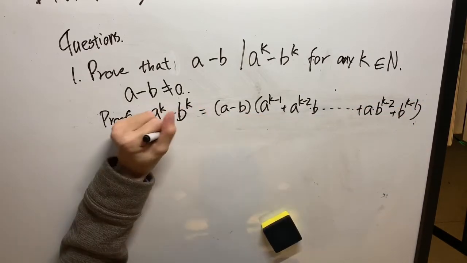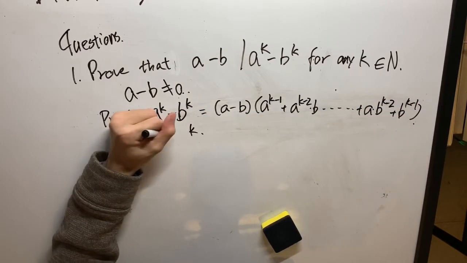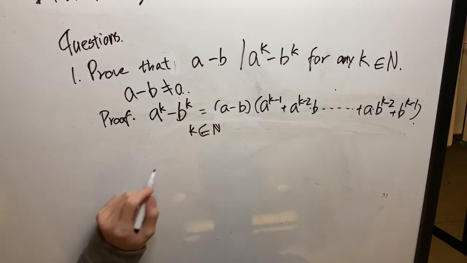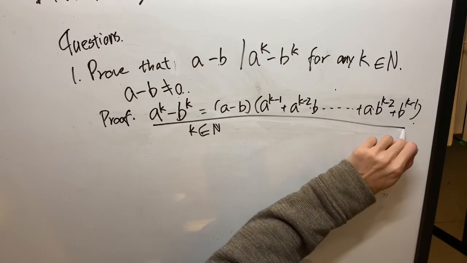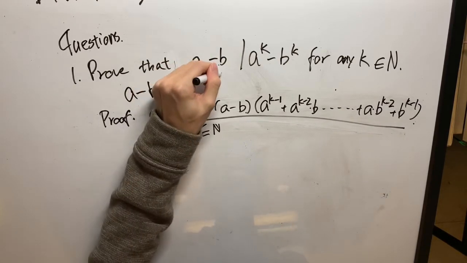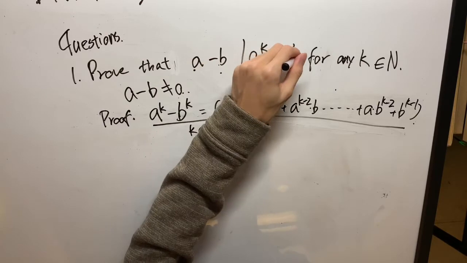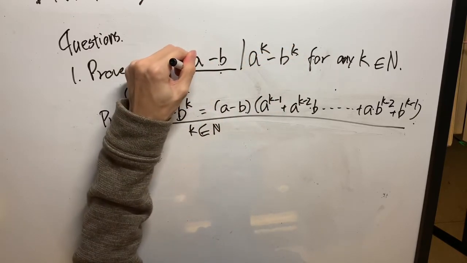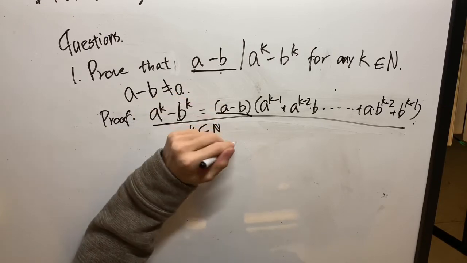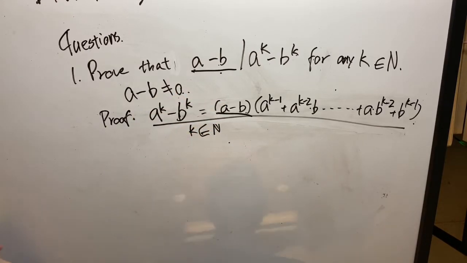That is true for all natural numbers k. If we know this formula, then it is easy to conclude that a minus b divides a to the k minus b to the k, because a minus b divides a minus b. That's the first question.